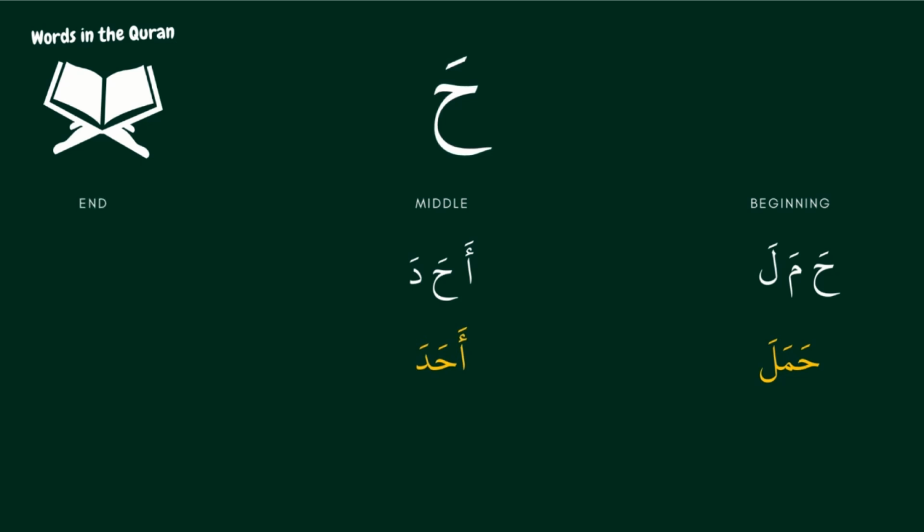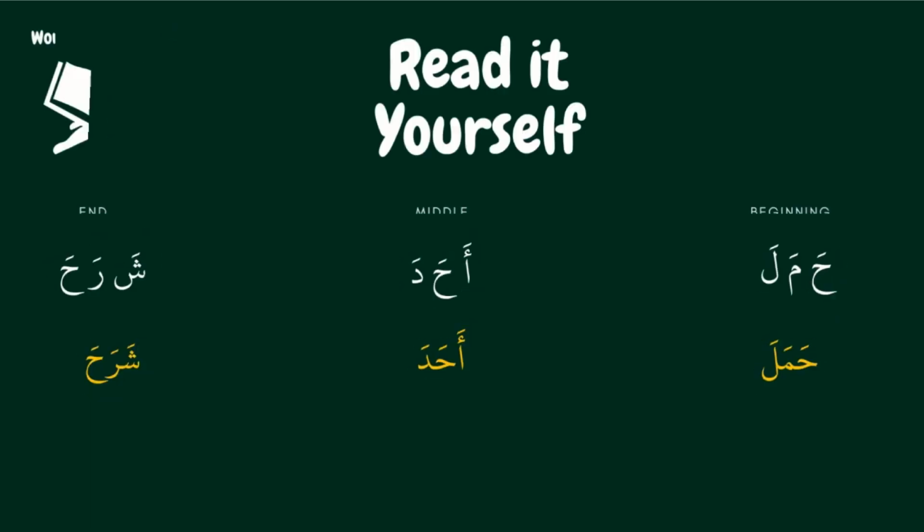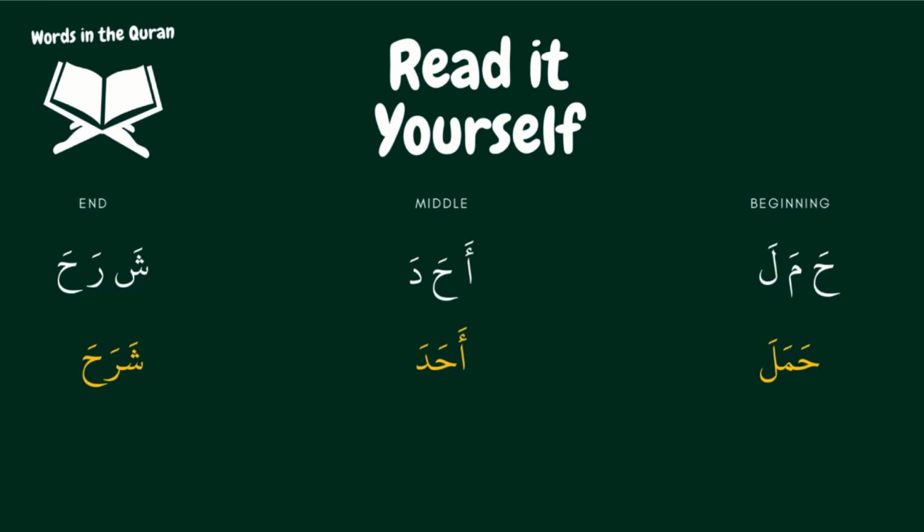At the end, شرح. Ha will look like this when it's at the end. شرح. Do take note that when Ha is joined, the bottom part of the letter is cut off. You just have to focus on the top part. Read it yourself.